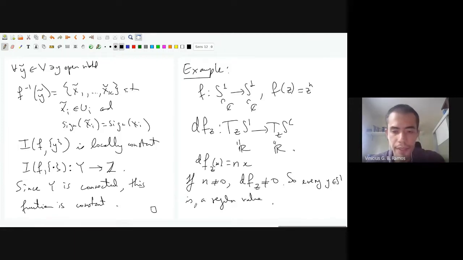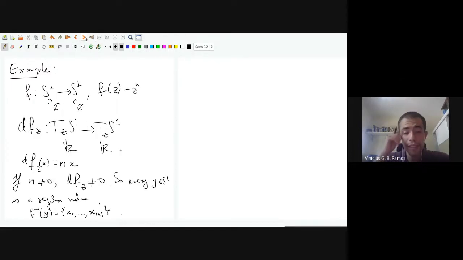And then the preimage of y is going to be n points. Actually, it's |n| points, because n could be negative. The point that you can check is that the sign of the point x_i is the same as the sign of the number n.